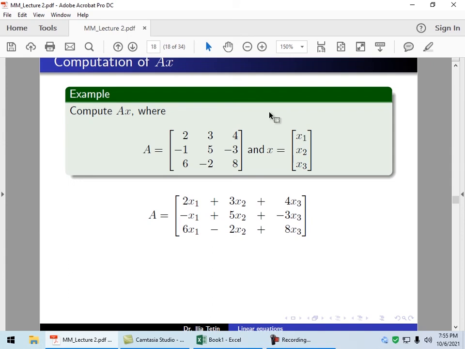So let's say x1 times the column 2, minus 1, 6 plus others. This is the first option. The second option, before you get to this final solution, you multiply 2x1, minus x1, plus x1, and you form the summation of these three vectors, and the third step will produce this kind of matrix.